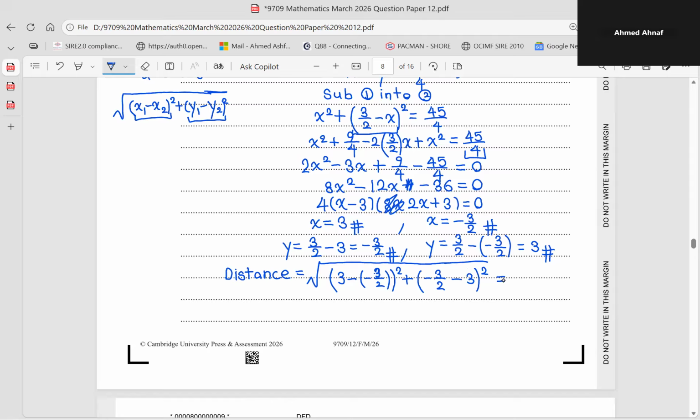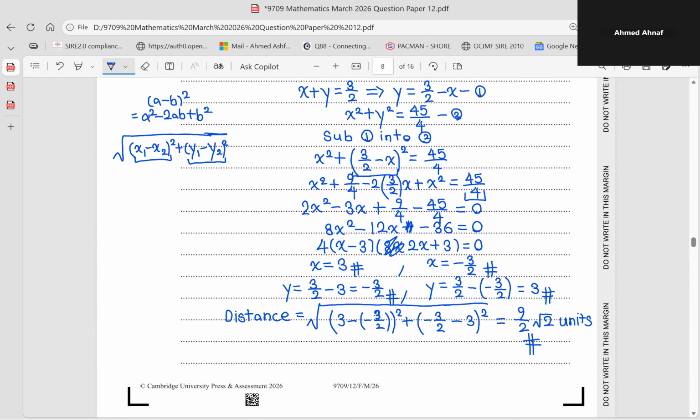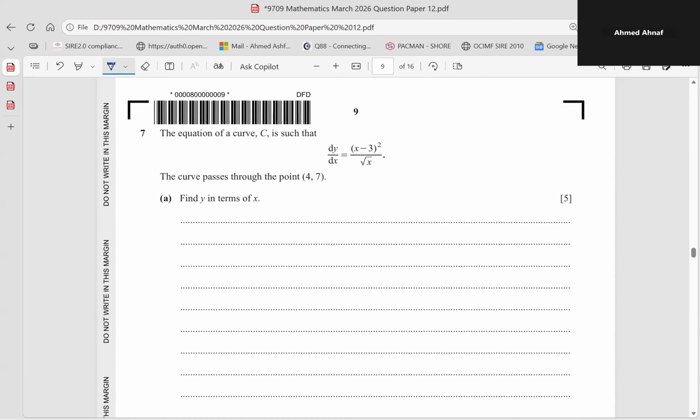Now you just type it into your calculator. You'll get 9 over 2 square root 2 units as your final answer. So this would be all for this entire question. Let's move on to the next question.